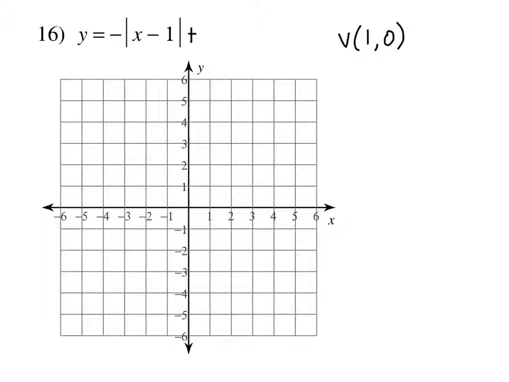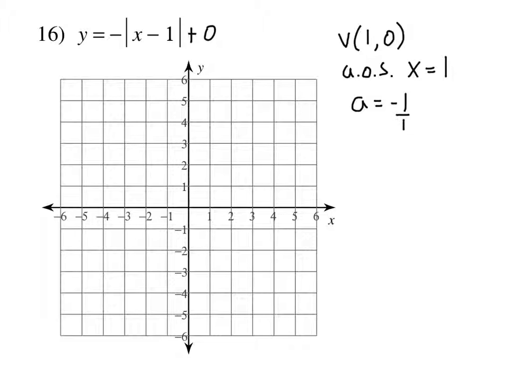There is no number out there, so it's 0. Okay, so our vertex is at 1, 0. Our axis of symmetry is x equals 1. And our value of a, which is the slope of the right side, is -1. Which means we're counting a slope of -1 over 1.